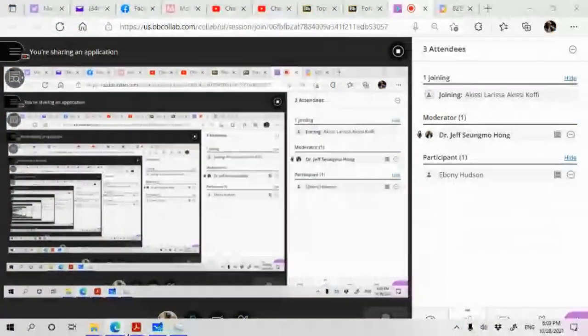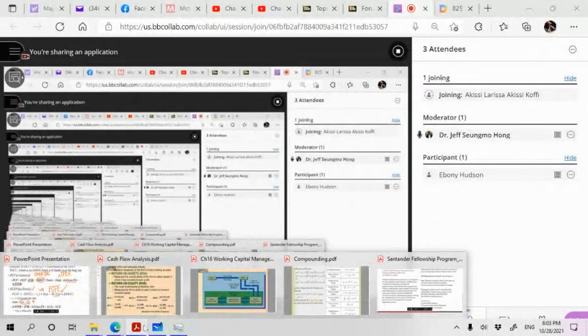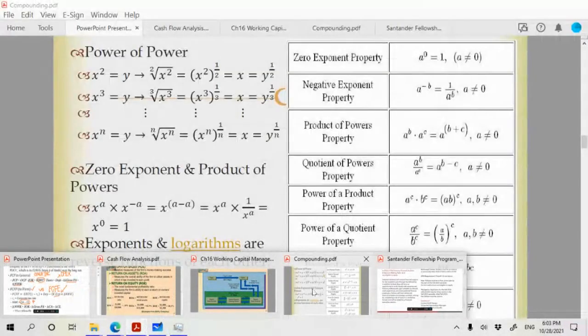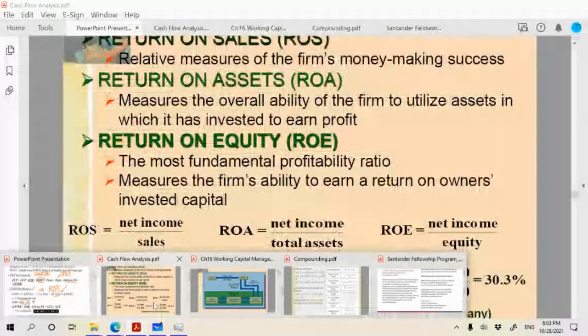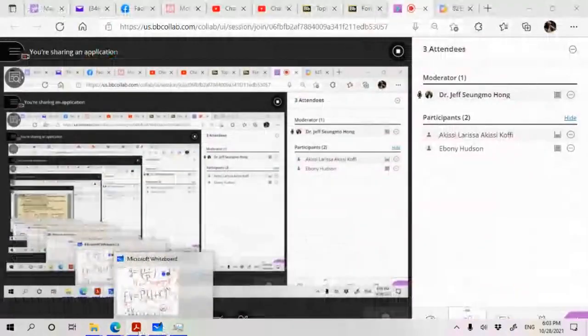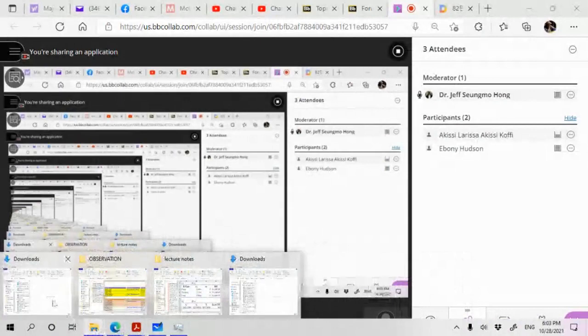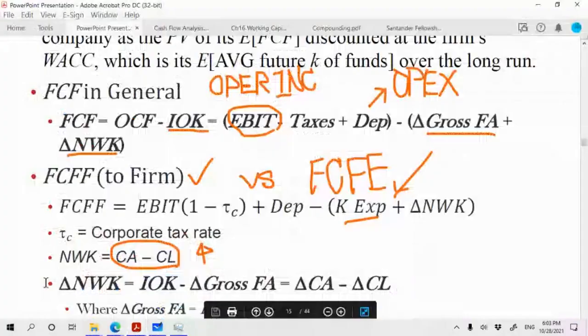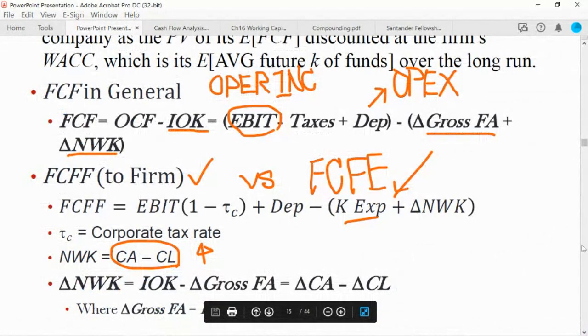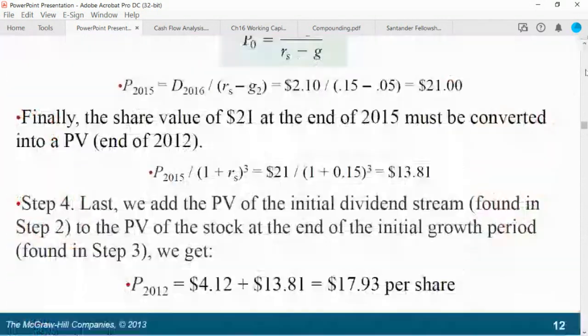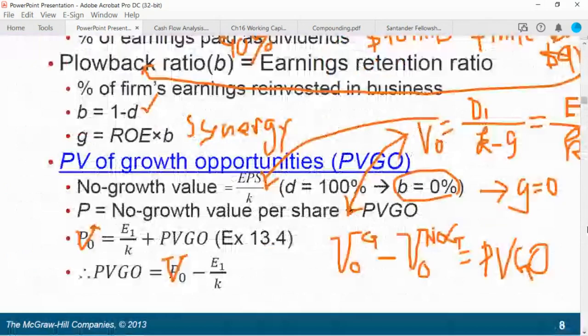Just to bring you up to speed. So in our last class, we were just starting on the free cash flow model, right? Which is the fourth model.